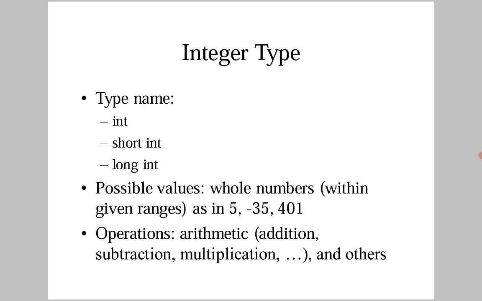There are different type names like int, short int, long int, etc. Possible values are whole numbers within a given range, and operations are arithmetic, like addition, subtraction, multiplication and others.